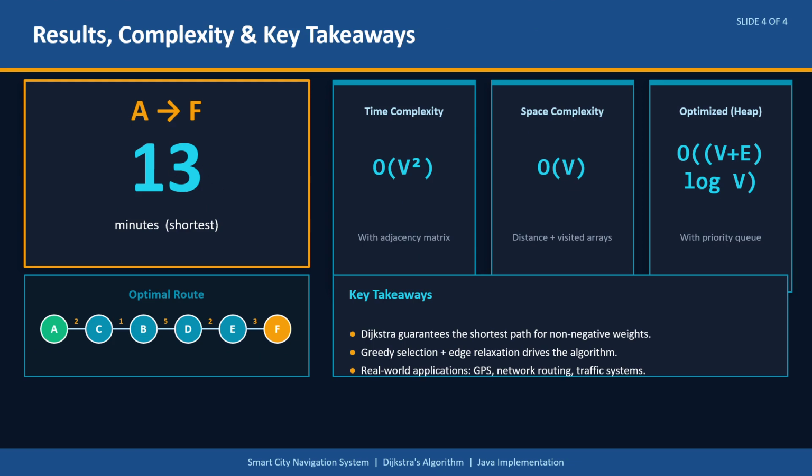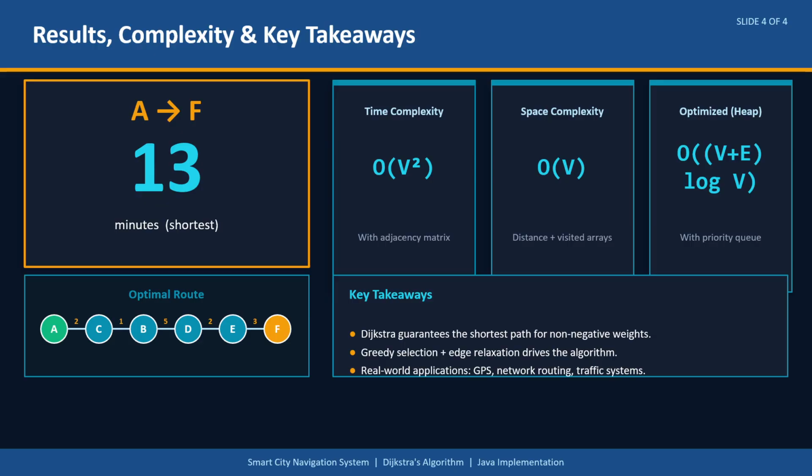Now what's the time complexity of this approach? Since we are using a nested loop to find the minimum and scanning all nodes each time, the time complexity is order of V squared, where V is the number of nodes, right?